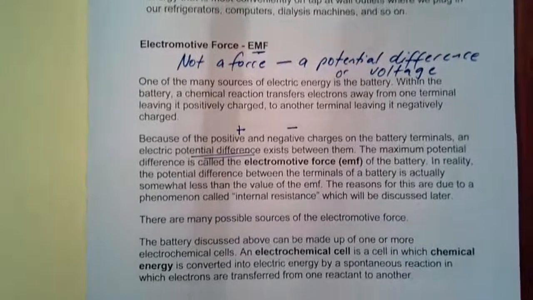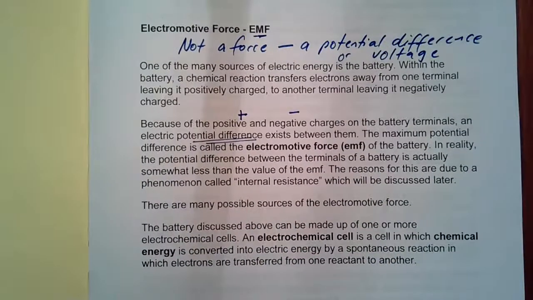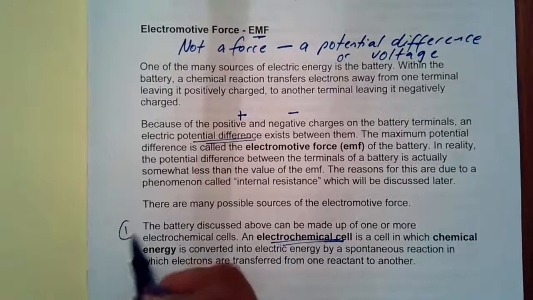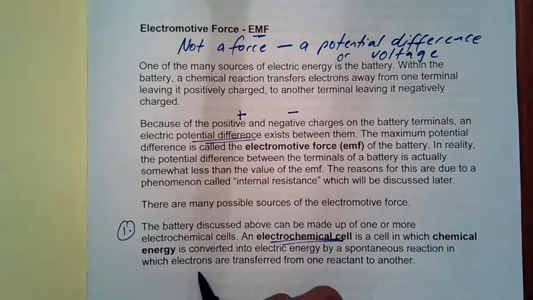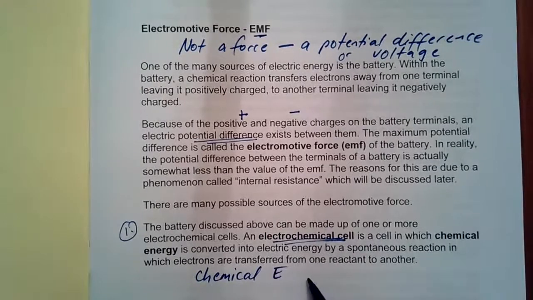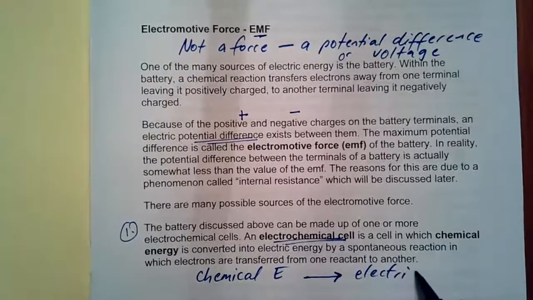So what are the possible sources of the electromotive force? An example is an electrochemical cell. I'm going to call this the first one. An electrochemical cell is where chemical energy is converted into electrical energy.